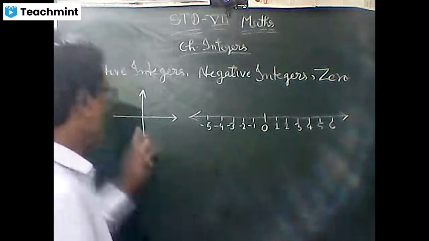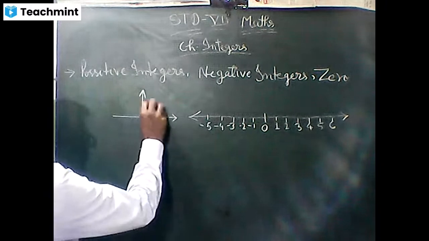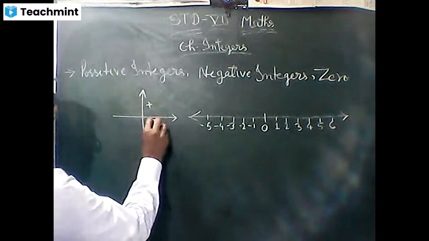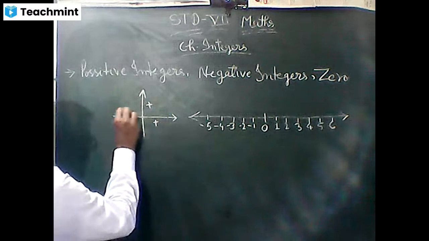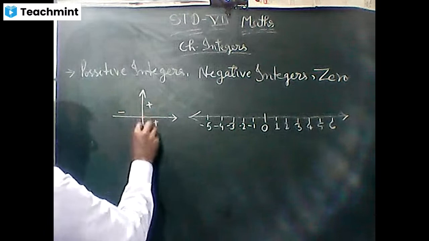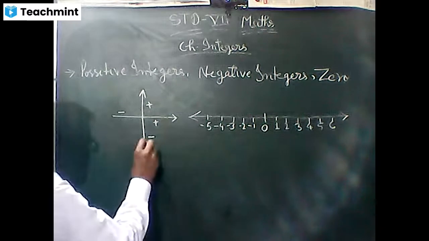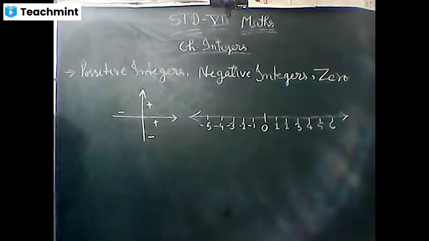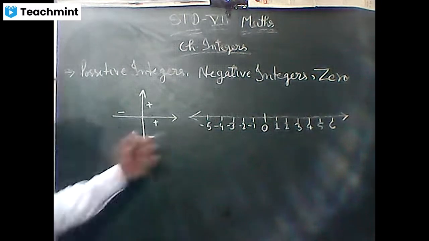We have to learn it. And in this figure, if we go up, that is positive. If we go east, it is positive. If we go west, it is negative. And when we go south, this is also negative. So we have to learn this, increase and decrease, up to the sea level, below the sea level. We have to learn these problems very well.